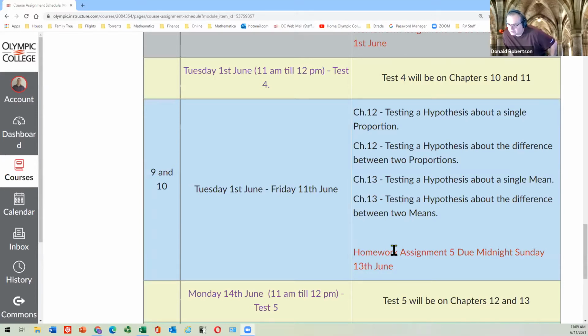None of the weird fooled stuff. And then you're going to do a single mean and the difference between 2 means. When you do the difference between 2 means, the degrees of freedom are going to be the smaller of the 2 sample sizes minus 1, not any weird general formula that you might have got in your homework. Are we good with that?